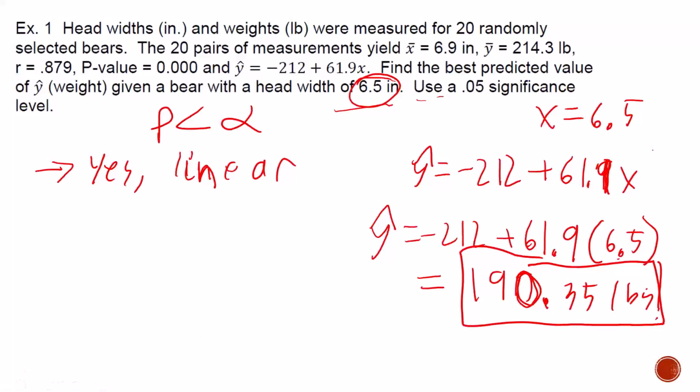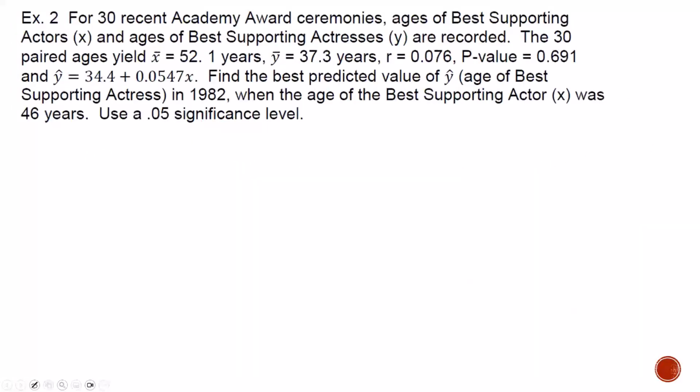Let's come up with one where it doesn't. And then we'll actually find the relationship here. So there's the Academy Awards, right? Each year there is a best supporting actor and a best supporting actress.